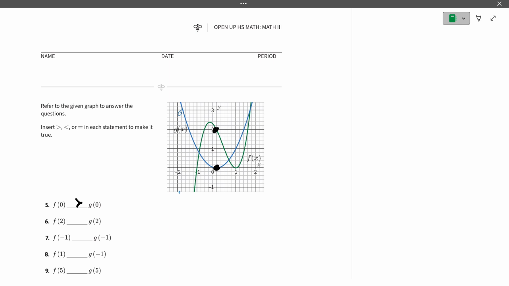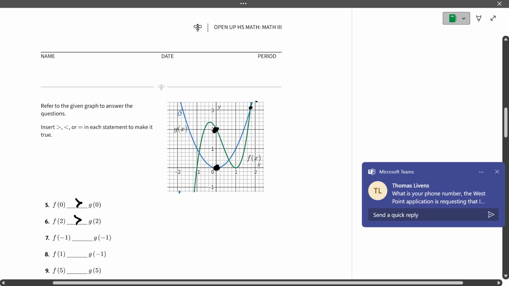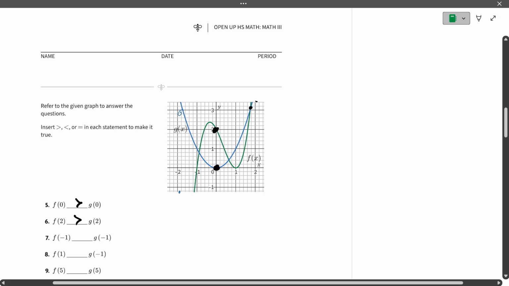Taking that same logic to the 2, it gets a little tricky with the 2, because when you look up here for the 2, the graphs kind of disappeared. But notice that when they intersect right here, the green graph goes above the blue graph. The green graph is the f, so that means f at 2 is greater than g at 2. And if we switch down here to number 9, kind of going out of order, once that graph passes it, the polynomial function, there's going to be no more turns, we assume.